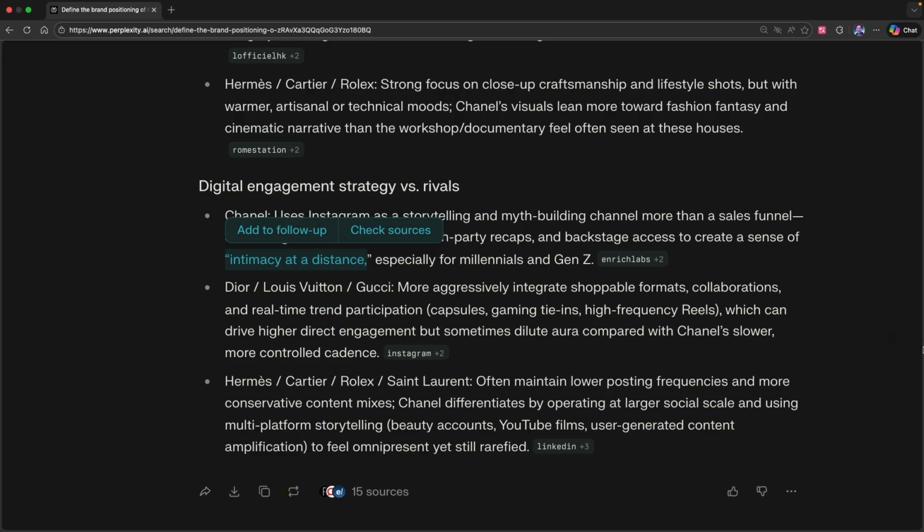They use social media for storytelling, not for the hard sell. They give you backstage access, but they don't shove a buy now button in your face. It's about building the myth, not filling the funnel.